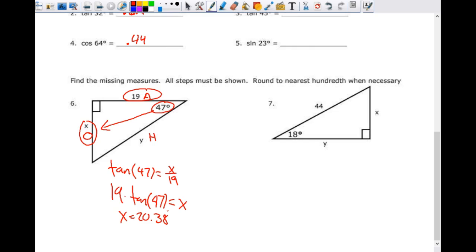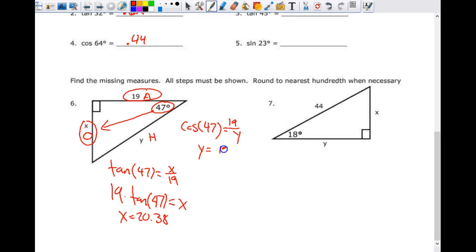So now we're going to do y. And guess what we're going to cover up? X. And so we know y, it has an h and an a. So that's going to be cosine. Cosine of 47 is equal to adjacent, which is 19, over our variable y. Now we divide. You got to flip-flop them and divide.